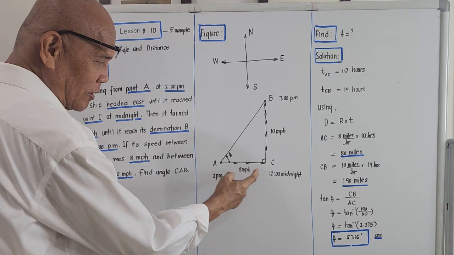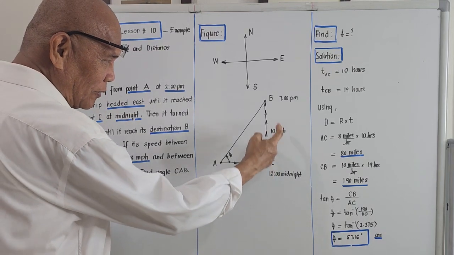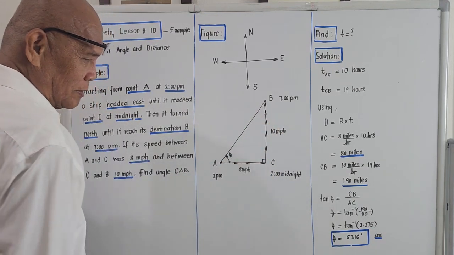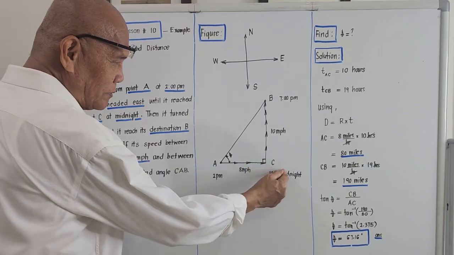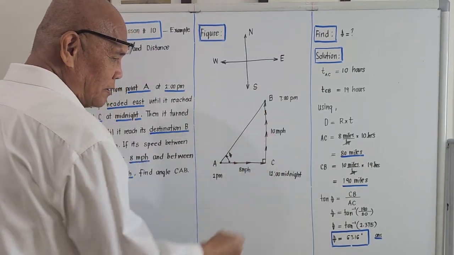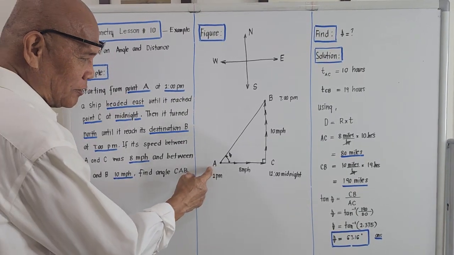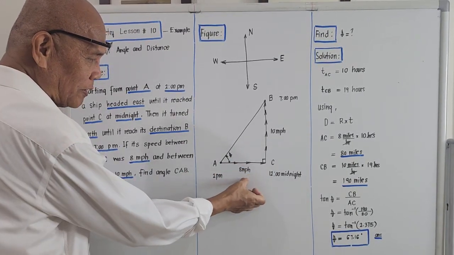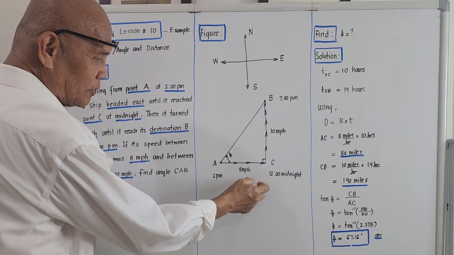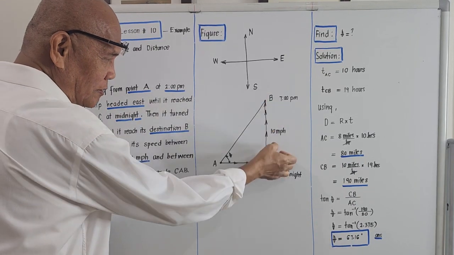The next location will be point C, and the final location is point B. This is eastward, this is northward, and according to the given condition of the problem, the speed from A to C is 8 miles per hour, and the speed from C to B is 10 miles per hour.